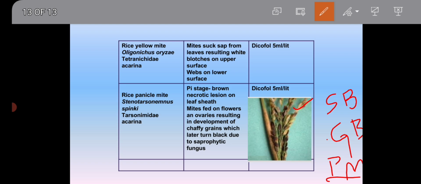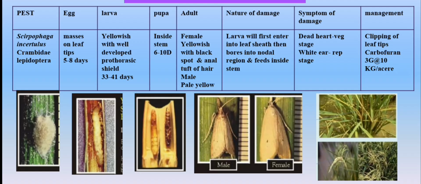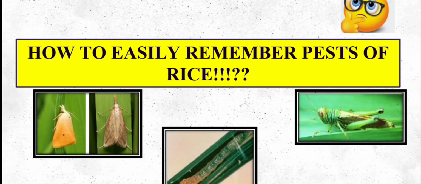So by this the minor pests are also completed, and so in this way, in the tabular form, we need to remember the pests of rice. Each and every point which is covered in this presentation is very important to remember.